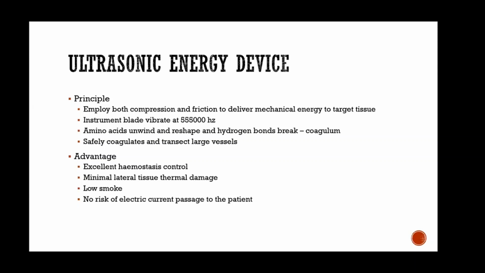Okay, then we go to the ultrasonic energy device. Rather than the electrosurgery energy device, which is diathermy, which uses electric current that passes through the handheld device and then to the patient, and then goes back to the generator, the ultrasonic uses compression and friction.